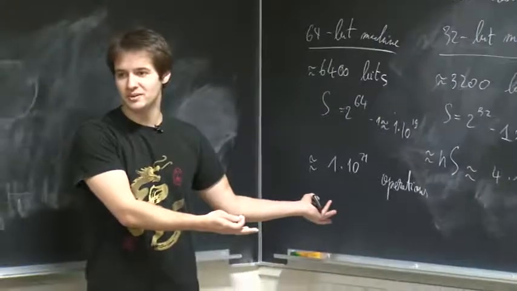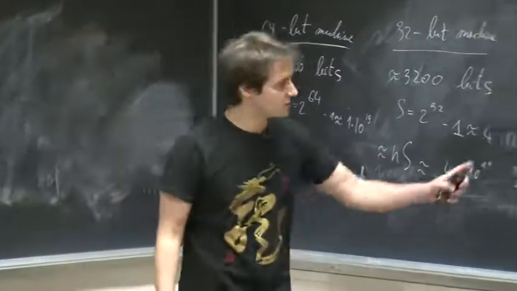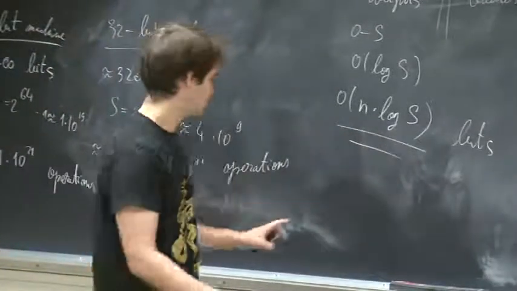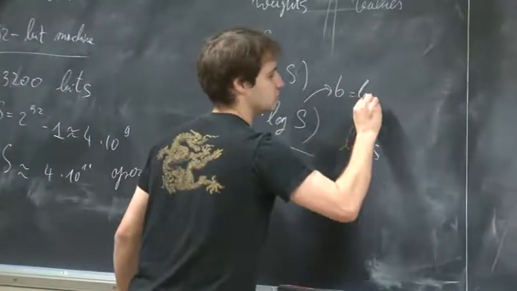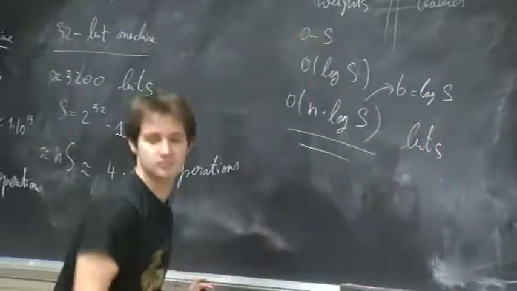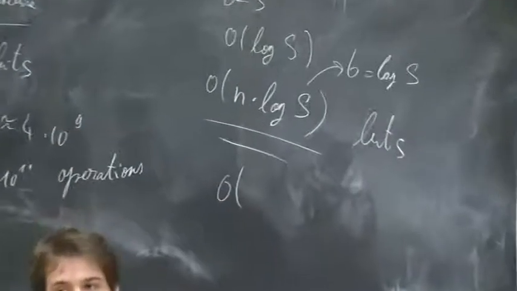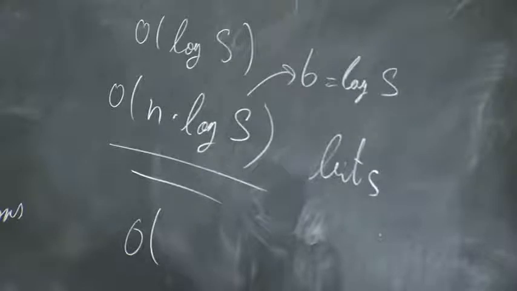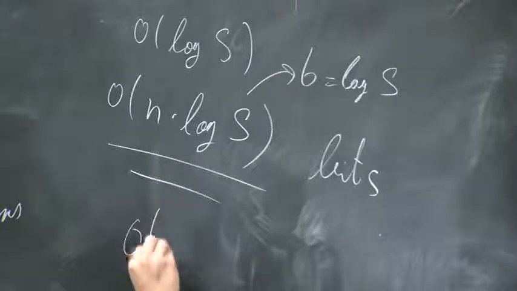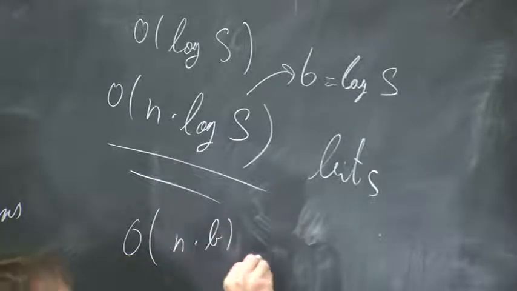What's the problem here? Why is this the case? If I write log s as b, so log s becomes b, what's the input size? Yep, n times log s equals n times b. So this is the input size.